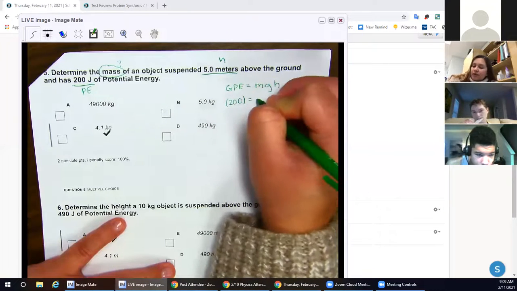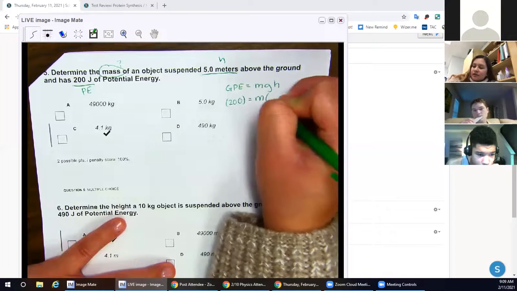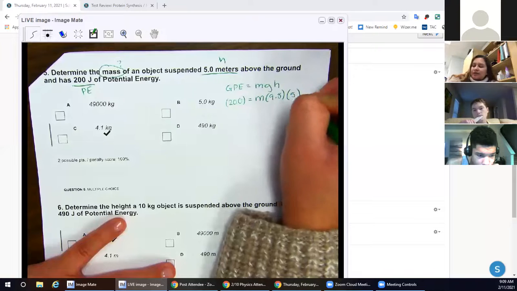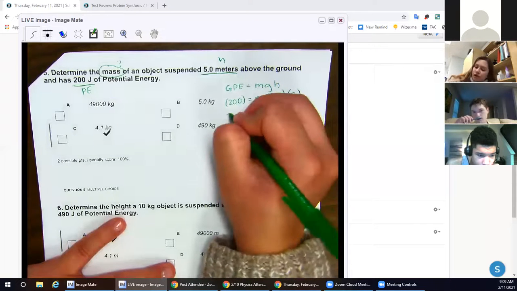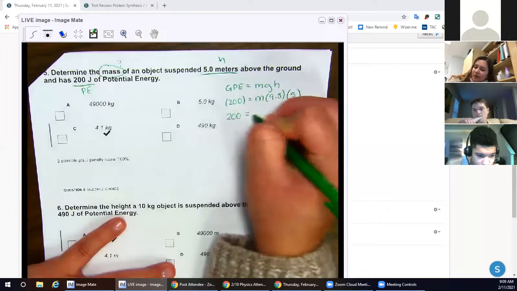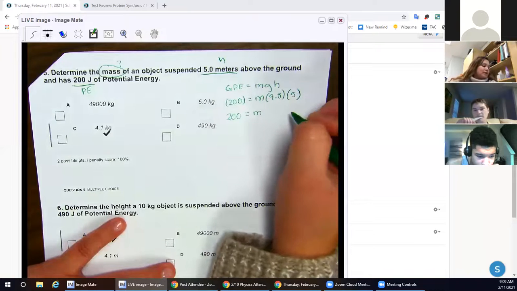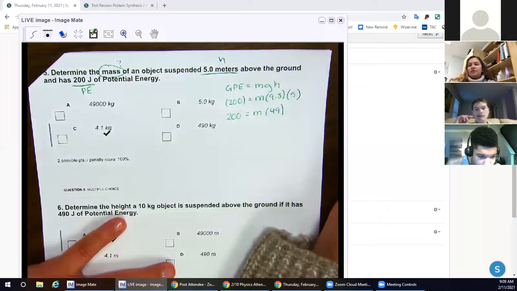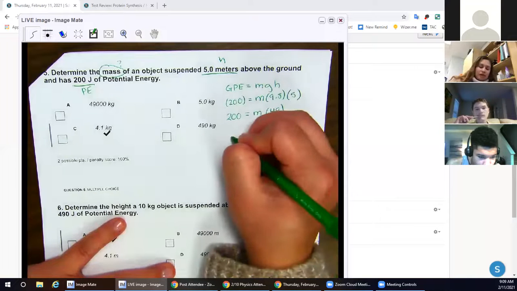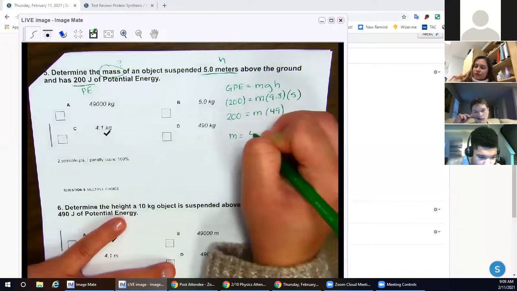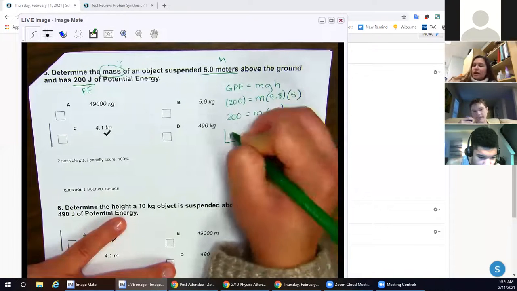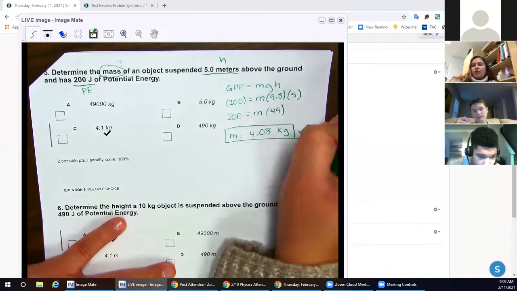We know we're looking for our mass. Gravity is always 9.8, and height is 5 meters. So 200 is equal to our mass times 9.8 times 5, which is equal to 49. Then you're going to divide both sides by 49. So your mass is equal to 4.08 kilograms, which rounded is 4.1.